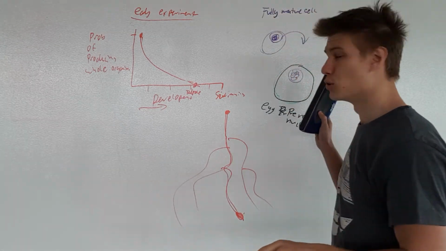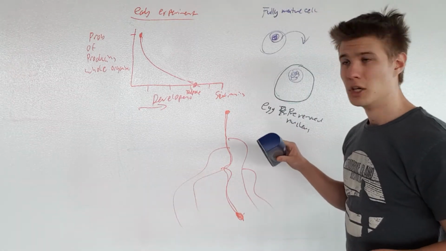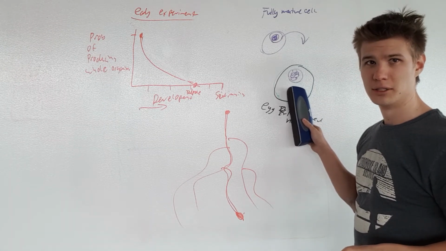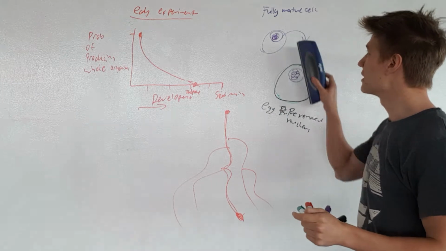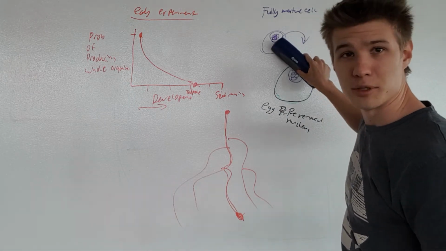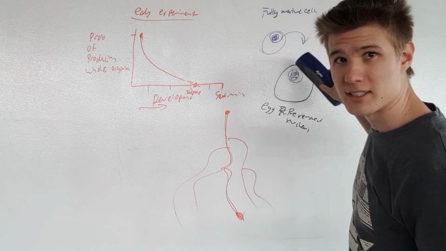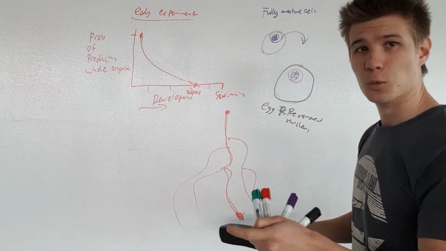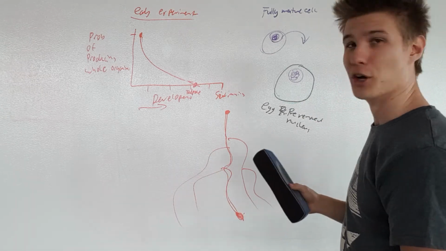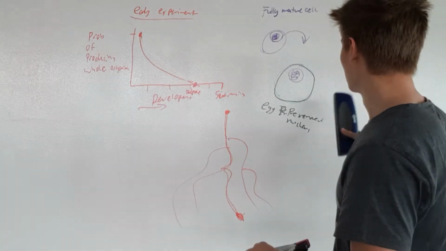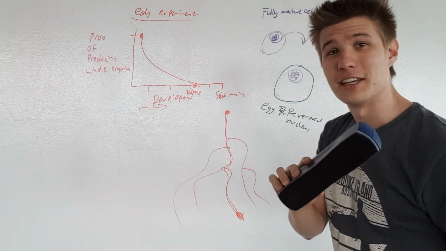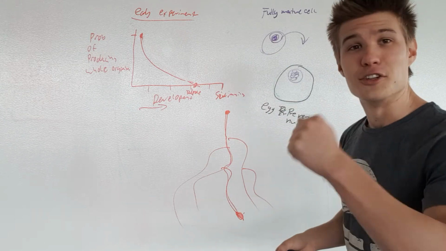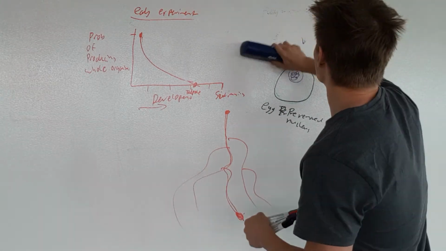But in order to do this in a human cell, you would first have to destroy the nucleus of a human embryo, which is iffy, and then you would have to put the nuclear material of a fully differentiated cell in there, which is cloning of humans, which is iffy. And we don't do that. That's a no-no. Keep that in mind if you ever get the idea of cloning like this with human cells, and don't do it. All right.